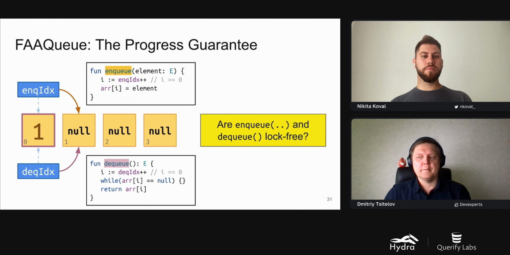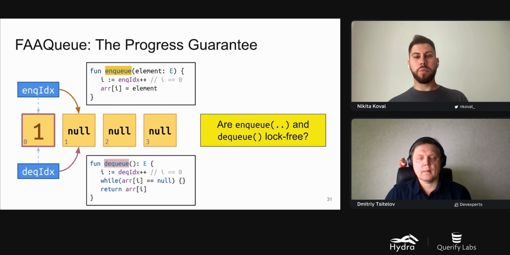So regarding multiple producers and multiple consumers, nothing will change because still at most only one enqueue and one dequeue works with the same array slot. So when enqueue starts, it performs the increment, so it claims the slot. And when dequeue starts, it also performs an increment to claim the slot.